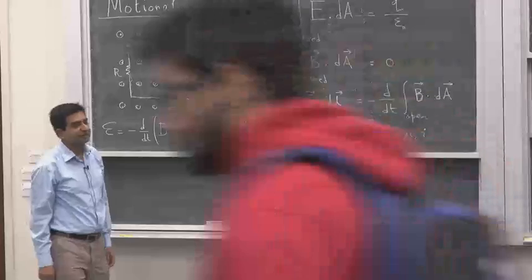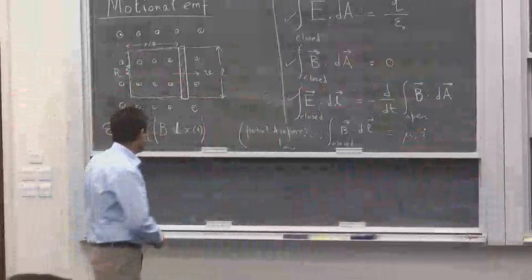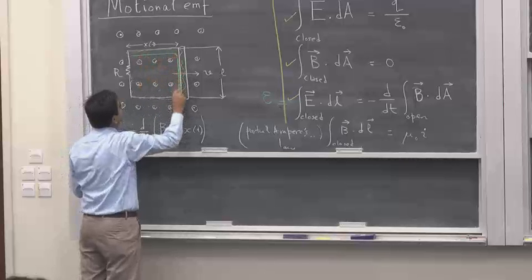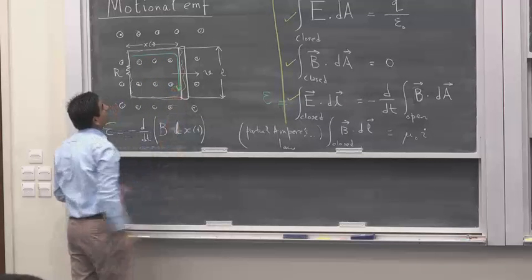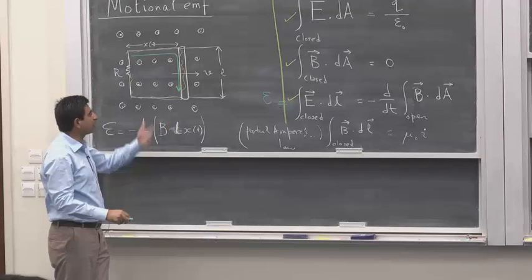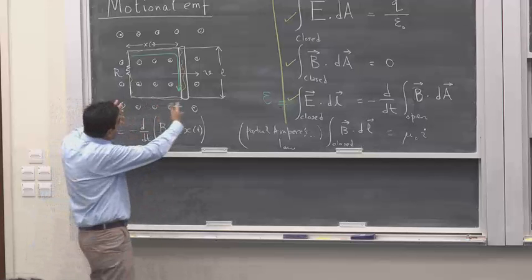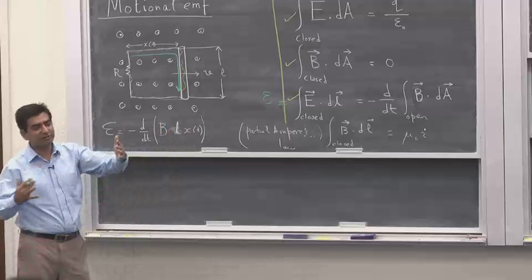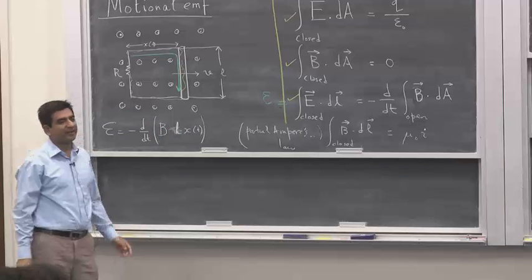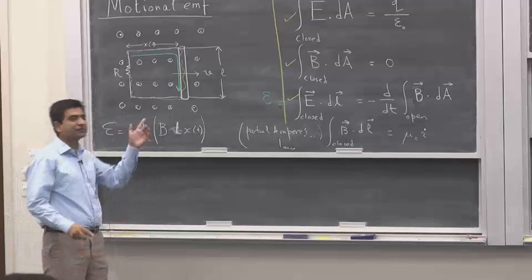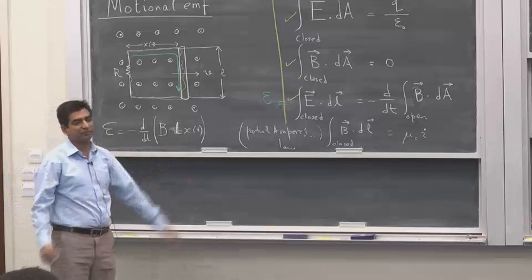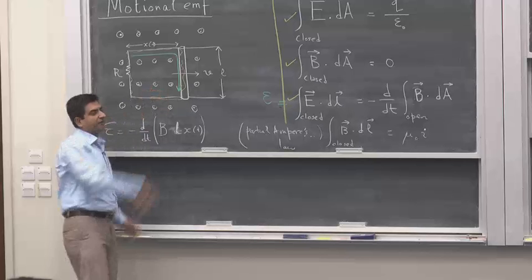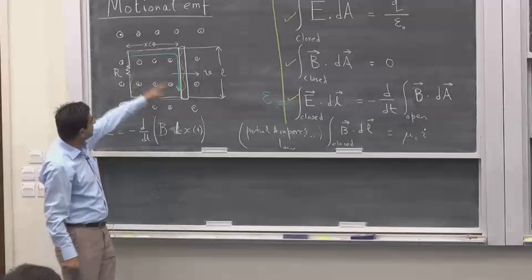It's going to be clockwise, because that clockwise current will produce a magnetic field that's pointing into the plane of the paper, because as this circuit stretches, the flux threading this area goes up. So the current would like to go in a path such that it produces its own field which is opposite to the change. So it produces a magnetic field that's pointing into the plane of the paper. And this would be the proper direction of the current.